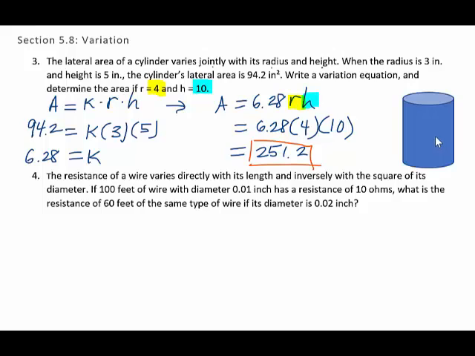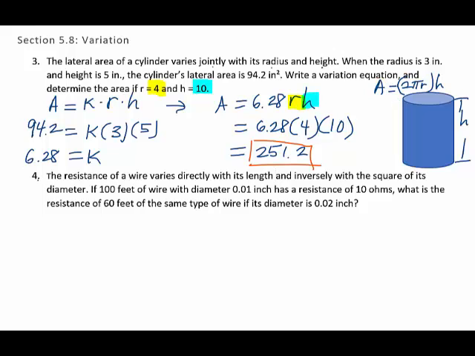And so typically when we find the lateral area, we use the formula A is equal to 2 pi r, which is the circumference of the circle of one of the bases, and then times H, which is the height. But if you notice, 2 times pi is about 2 times 3.14 or 6.28. So our constant of variation is really just 2 pi.